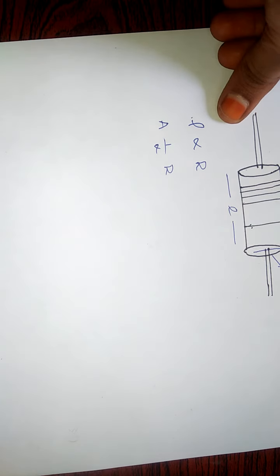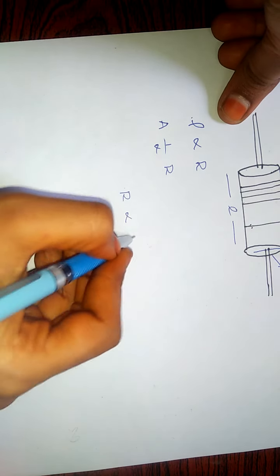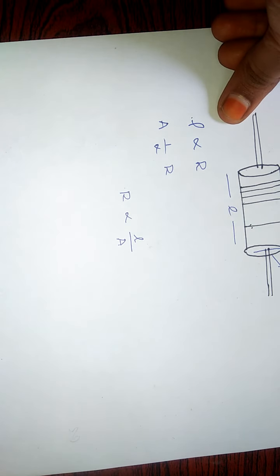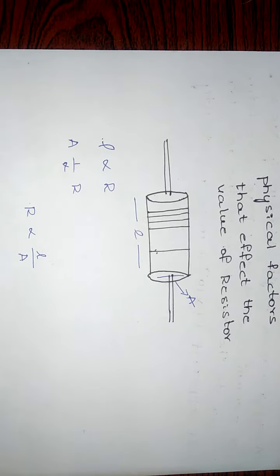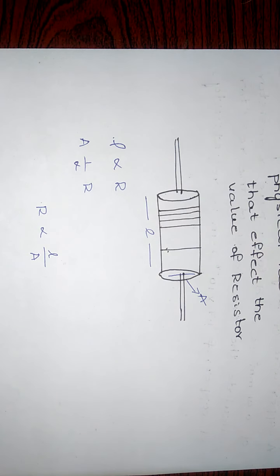So we can say that R is directly proportional to L by A, right? To equate this, we are going to take a constant. Here, for resistors, we take resistivity as the constant.